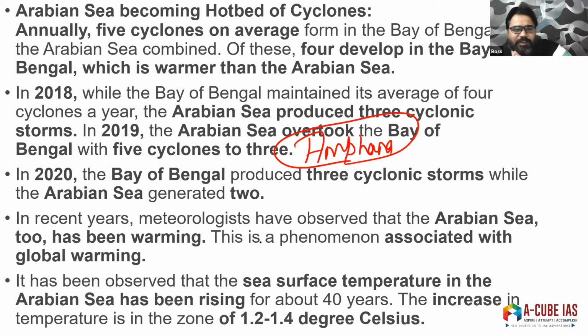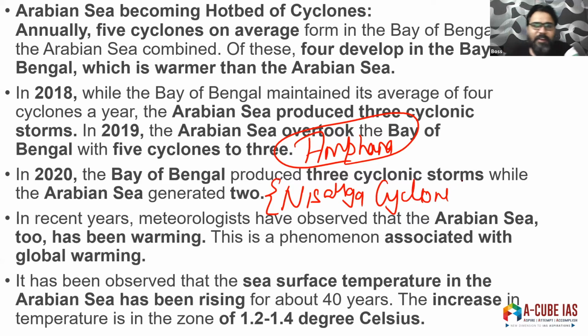While Arabian Sea generated 2, the important one out of these 2 was the Nisarga cyclone, which majorly affected the territory of Maharashtra. Now, why is it actually happening?